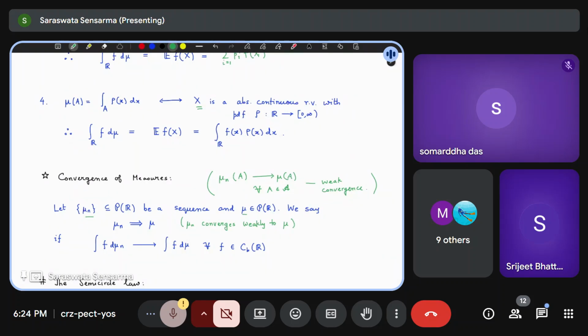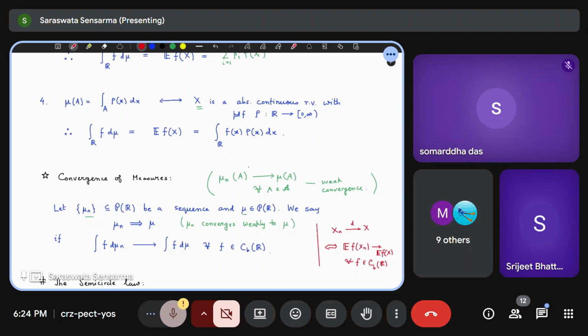You probably have seen this equivalence: a sequence of random variables converges in distribution if and only if the expectation of f(X_n) converges to the expectation of f(X) for all f in, let's say, continuous bounded functions over R. This is exactly the same thing, the exact same correspondence, and a sequence of measures converges weakly if and only if the corresponding random variables converge in distribution.